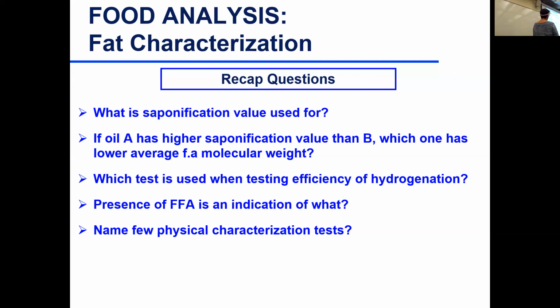Okay, if oil A has higher saponification value than B, which one has lower average fatty acid molecular weight? Yes, Chinyu? B has lower. Does anybody disagree with that? Yeah.